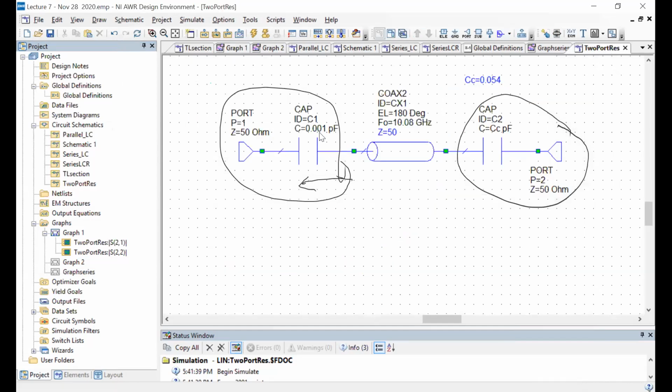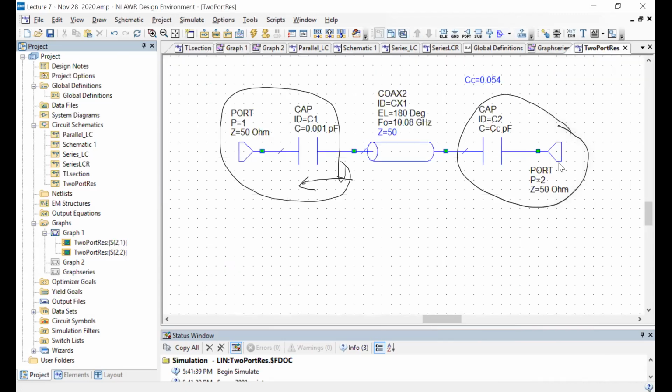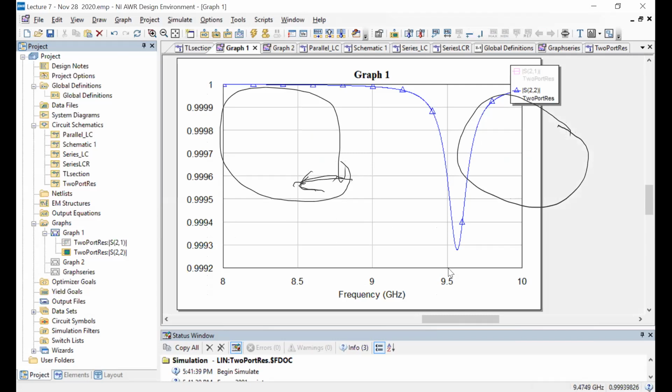This is almost not connected to this device. But it's unity because of the same reason as we had when we were looking at lossless resonators. Because from the perspective of this port, this extra loss which is happening here is extremely small. Okay, so again we can zoom in and we can see that there is a very small dip in this thing. Otherwise it's mostly 1.